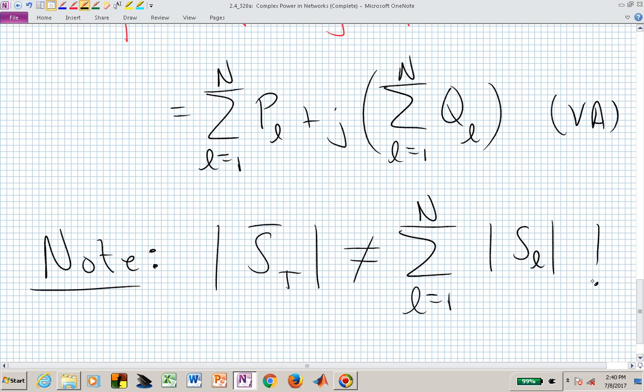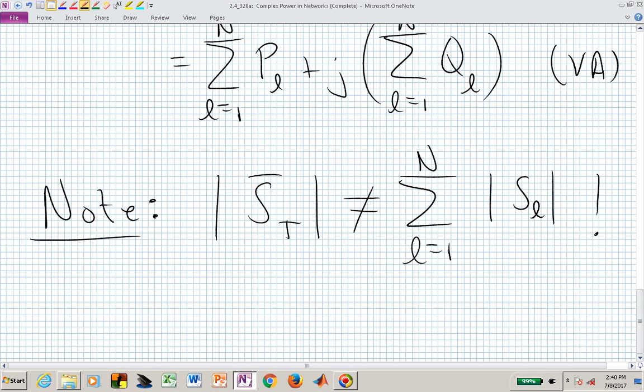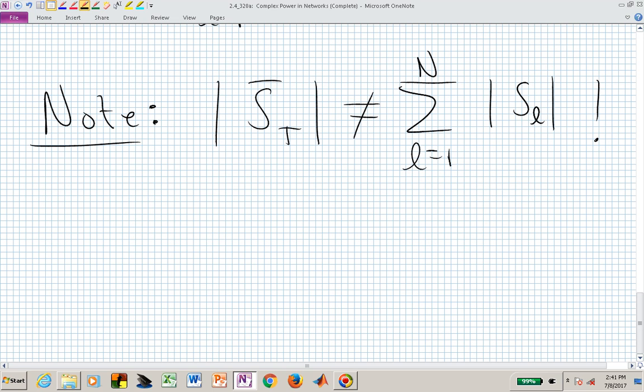We can't do that. We can add the component parts, but we can't add their apparent powers and expect to obtain the correct overall apparent power. You can see that if you simply do a graphical depiction of what's going on.